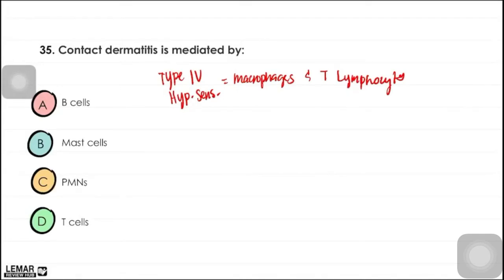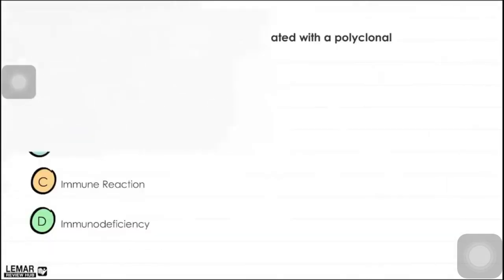Okay, it will go back to the epidermis after it went to the circulation. After that, they release cytokines, producing an inflammatory response, causing characteristic rashes in the skin, which we call contact dermatitis. So number 35, we have T cells.